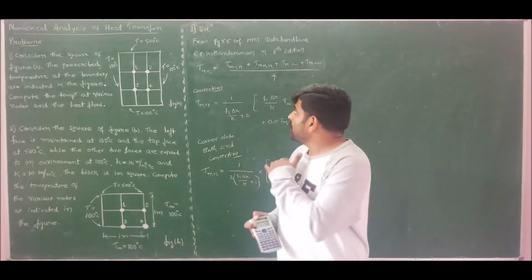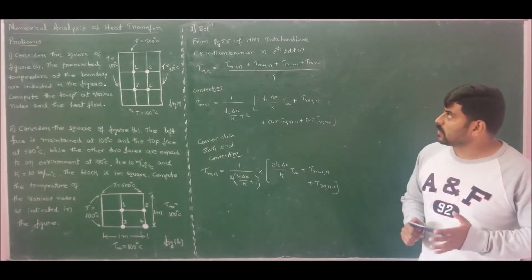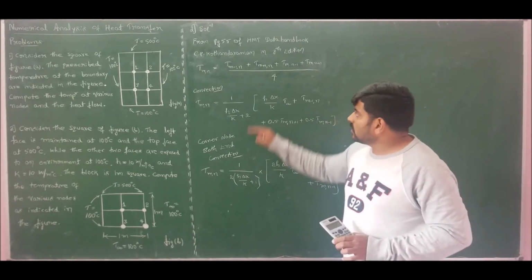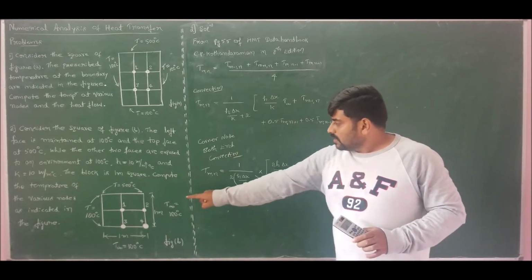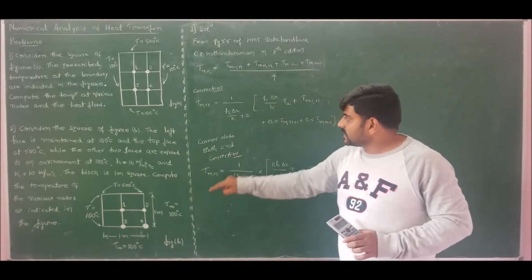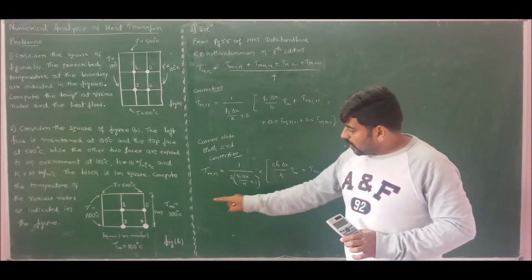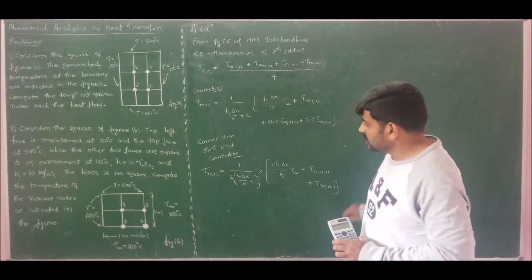Referring to page number 55 of the Heat and Mass Transfer Data Handbook by C.P. Kothandaraman, 8th edition, for an interior node we have the temperature equation given by the first expression, for a node at a face subject to convection we have the second expression, and for corner nodes having convection on both sides the temperature is given by the third expression.